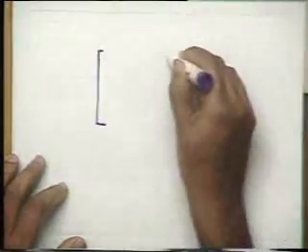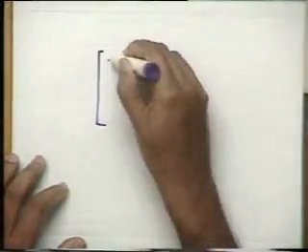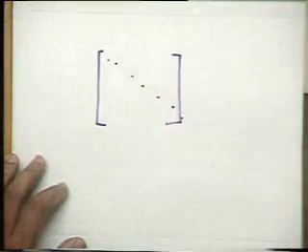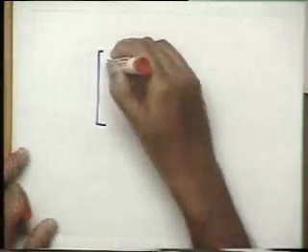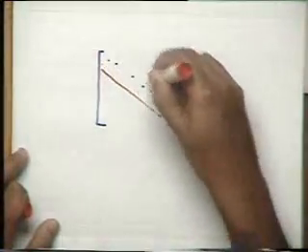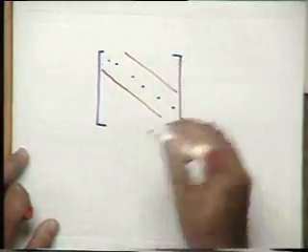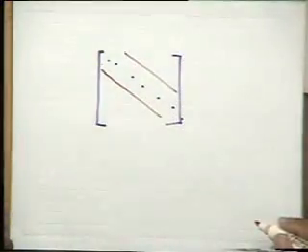So obviously the matrix nature will be like this. If you write the matrix in this form, the diagonals will obviously be non-zero, and the elements which are quite close to the diagonals, maybe in this band, will also be non-zero.